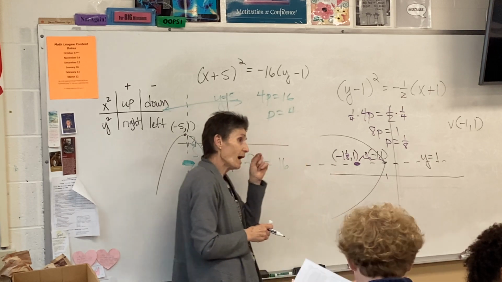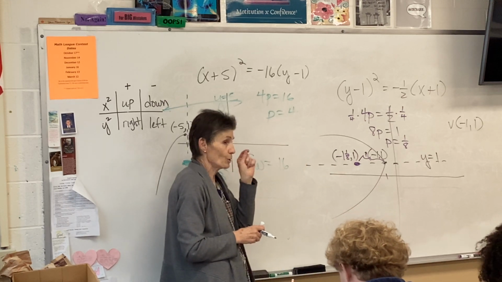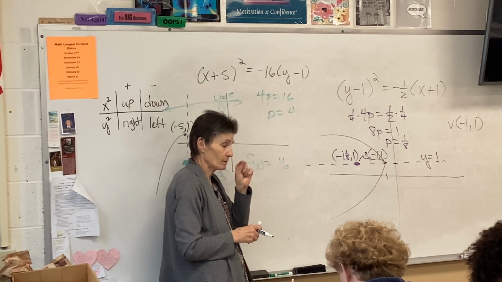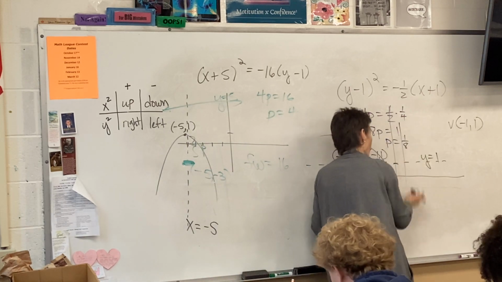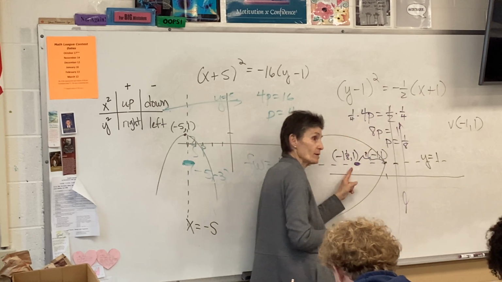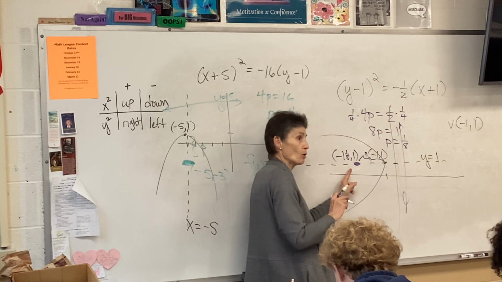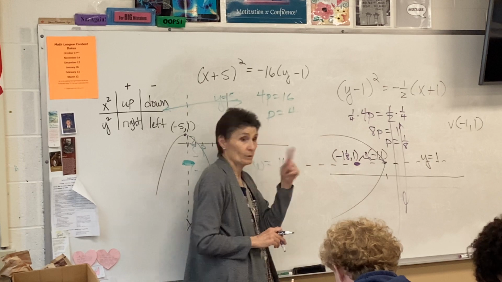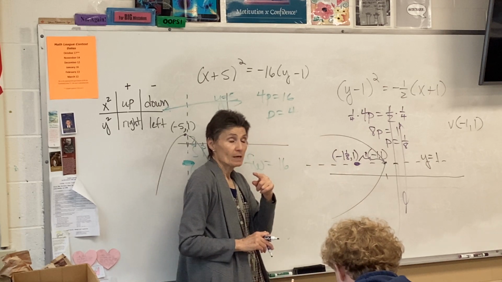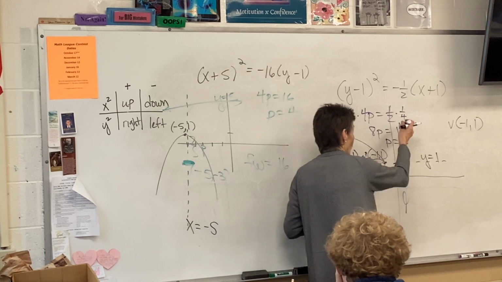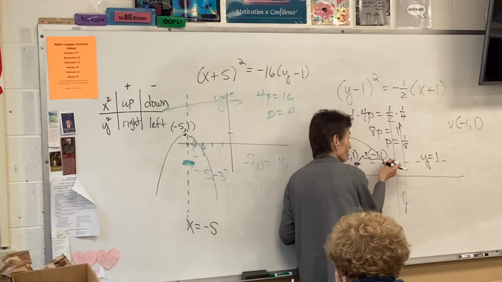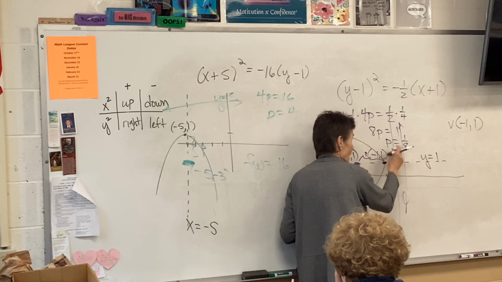Now, if I came backward 1/8 for my focus, then aren't I going to go forward 1/8 for my directrix? Now my picture's all wrong drawing, but remember, we're gonna grade the picture. If I go forward 1/8, where will I be? Start right here and go forward 1/8.